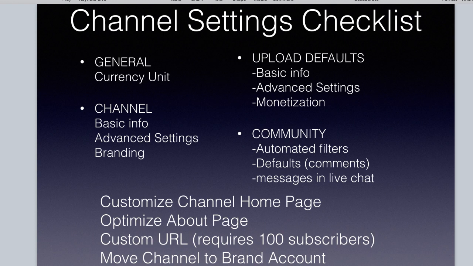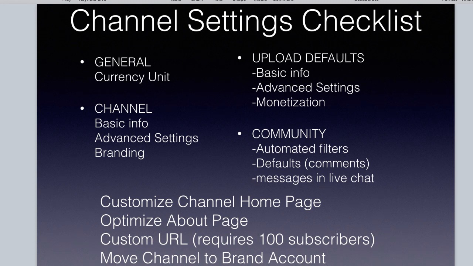So just to summarize, this is a quick checklist of the channel settings. So you got your general, your currency unit, US dollars. Then you got your channel, your basic info, your advanced settings, your branding, your upload defaults. So it saves you a lot of time.